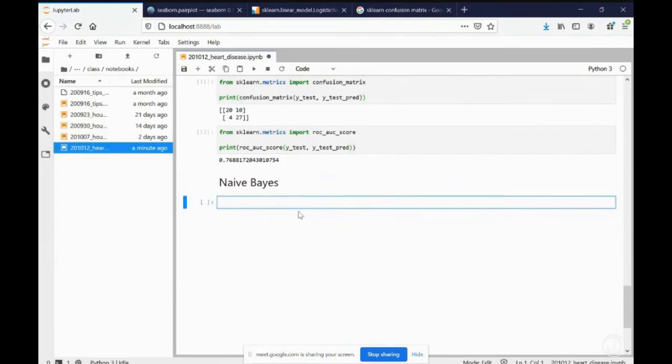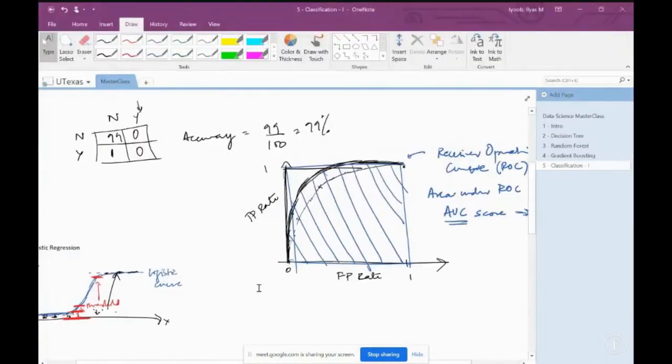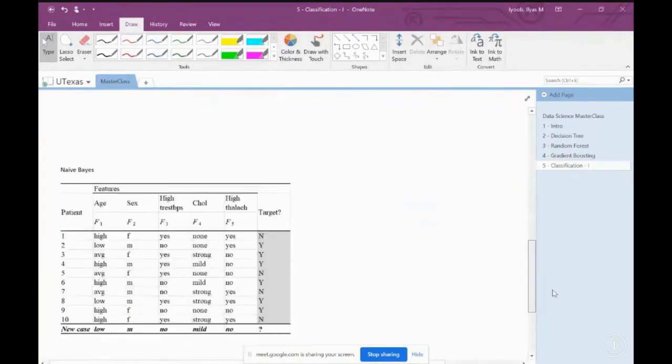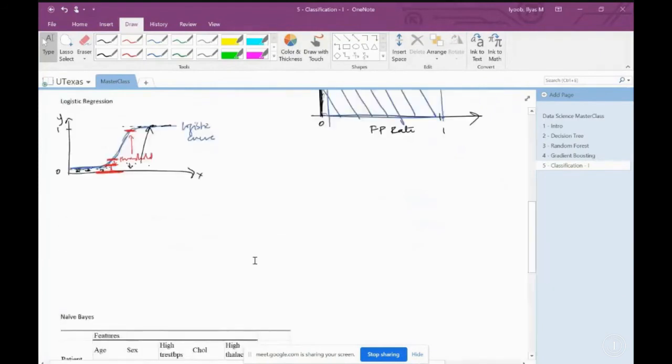Okay, so some of you have taken probability and statistics, and you might remember the Bayes theorem, right? So let's maybe do an example first. Okay, so let's just talk about Bayes' theorem for a minute.